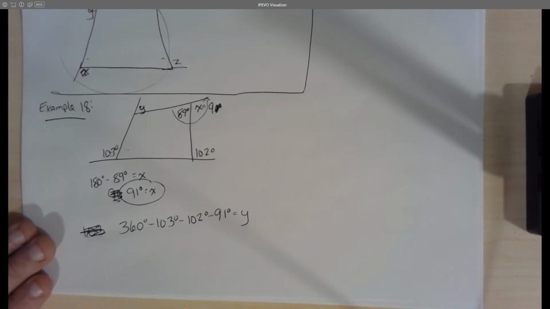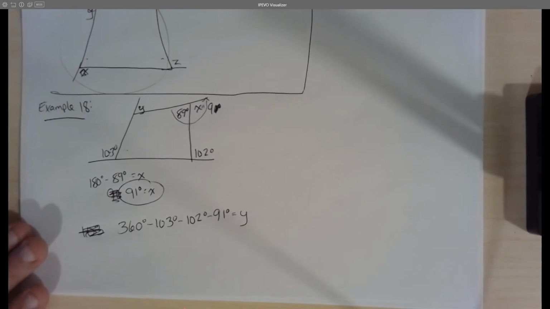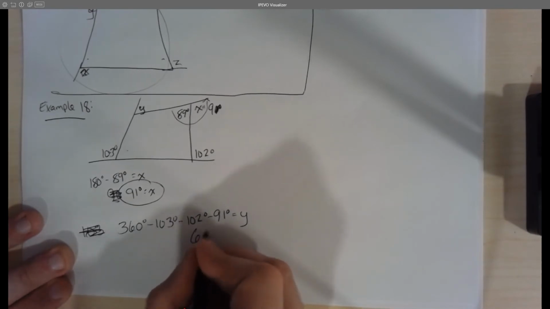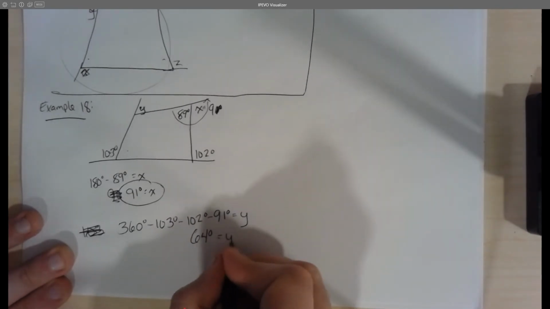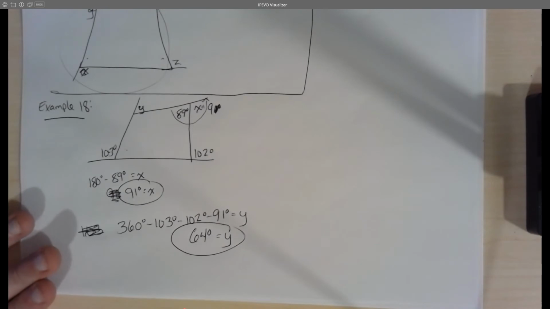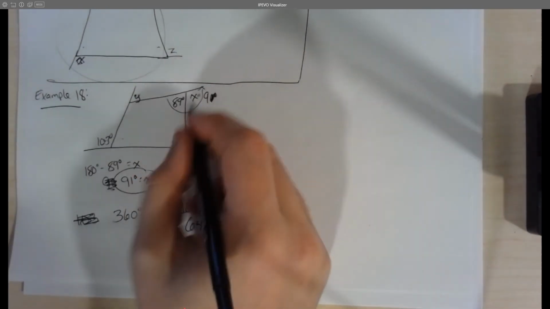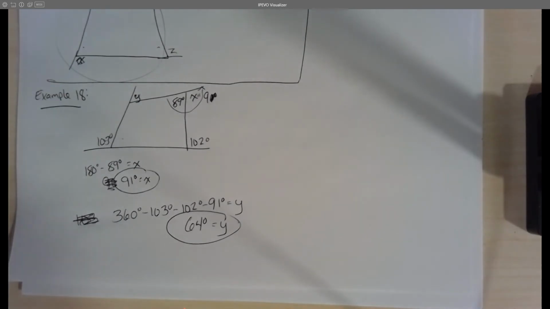When I plug all of these in, 360 minus 103 minus 102 minus 91, I'm left with 64 degrees for my Y value, using my sum of exterior angles, as well as my knowledge about complementary angles with that straight line. All right, there's example 18.